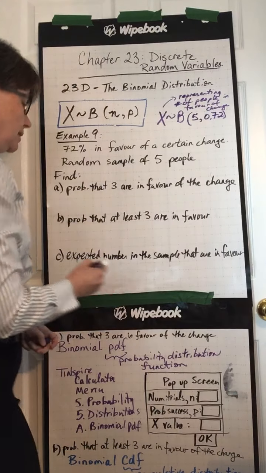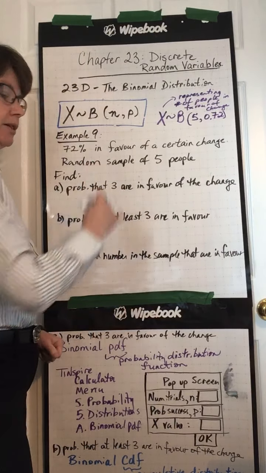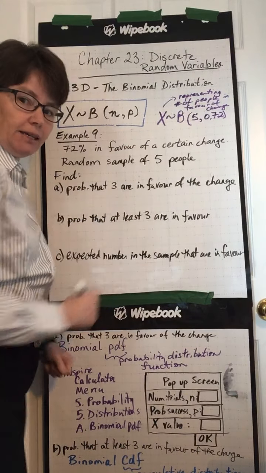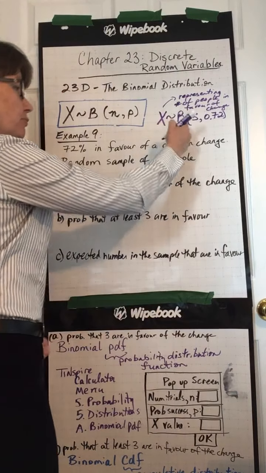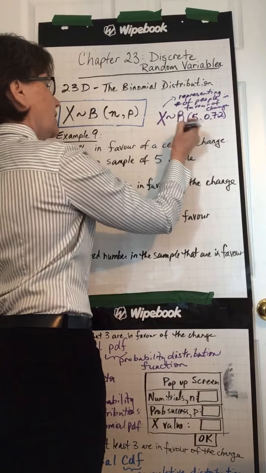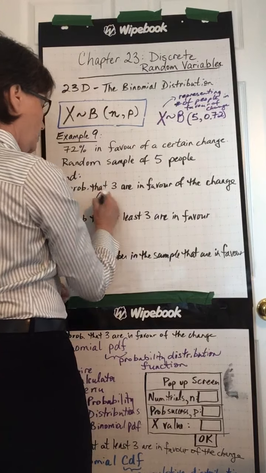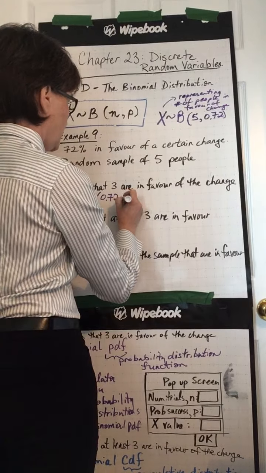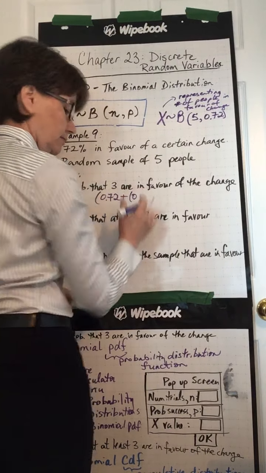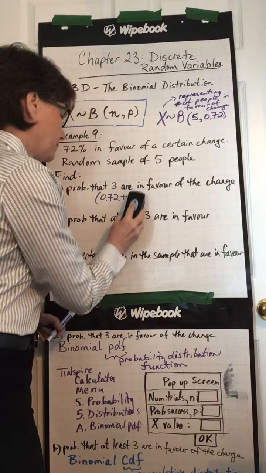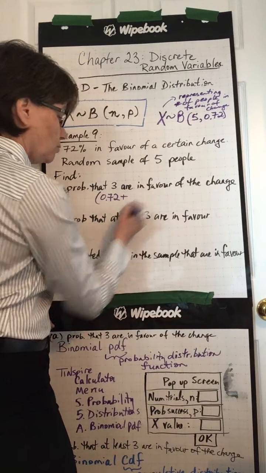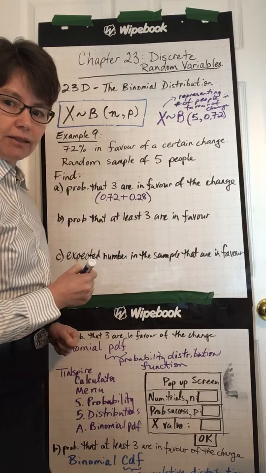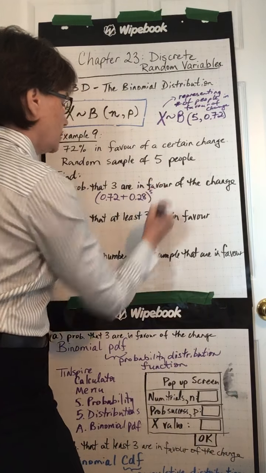We could do this entire expansion out by looking at the 5th row of Pascal's triangle and then write each of the terms out as they go. If we think of it in that manner, we would be expanding this probability of success, 0.72, plus probability of failure, which is 1 subtract the probability of success, so 0.28 in this case, to the power of how many trials, we're looking at 5 random people.